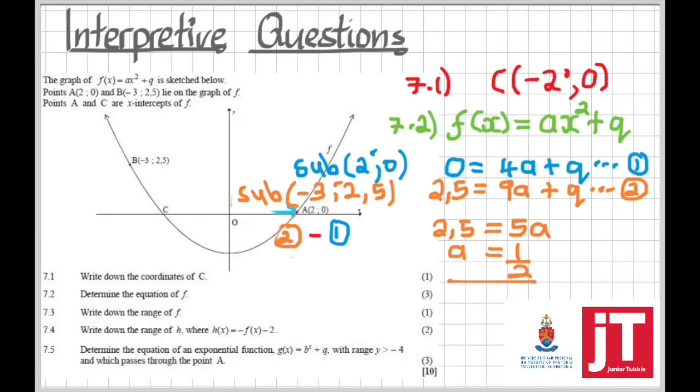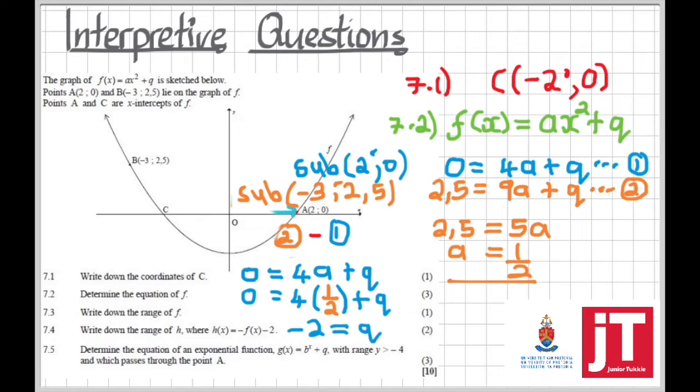It does work as well. So I'm opting for equation number 1, which is 0 equals 4a plus q. I'm going to substitute the calculated value of a, a half, into that equation. We get 0 equals 4 times half plus q. We get our q value to be negative 2. And therefore, we can conclude that our equation is f of x equals half x squared minus 2.